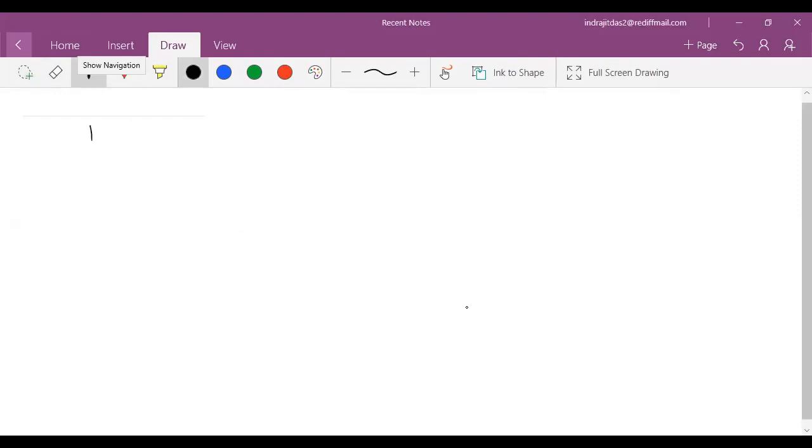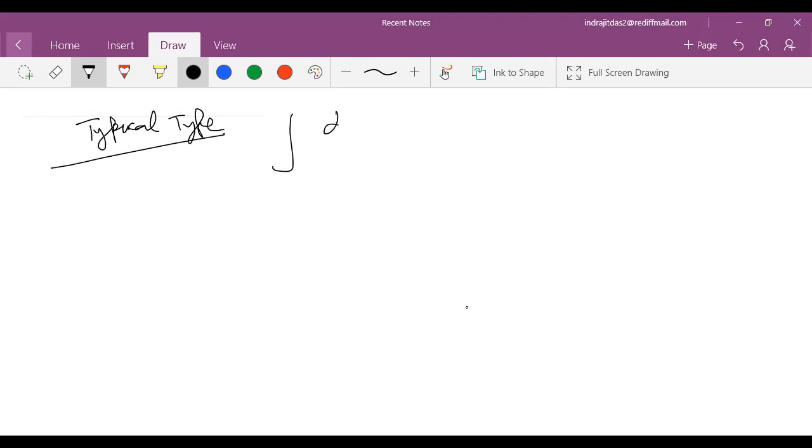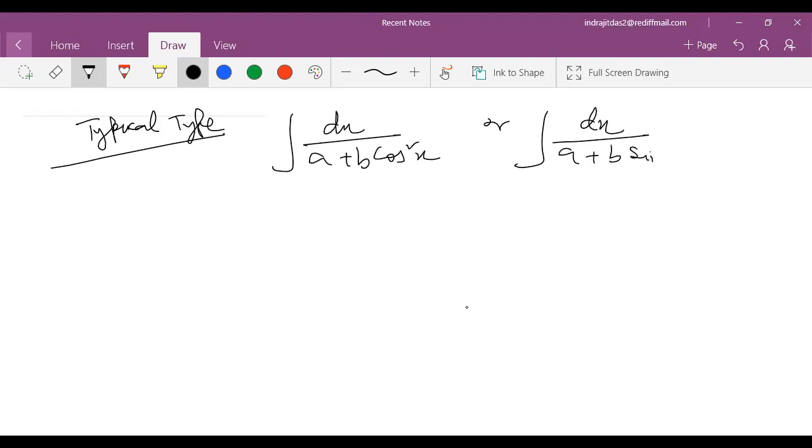The typical type of trigonometric function is what I have discussed, like dx by a plus b cos square x, or dx by a plus b sin square x.